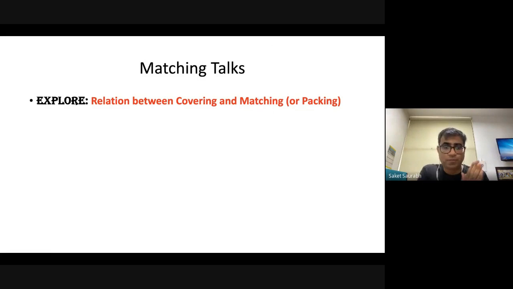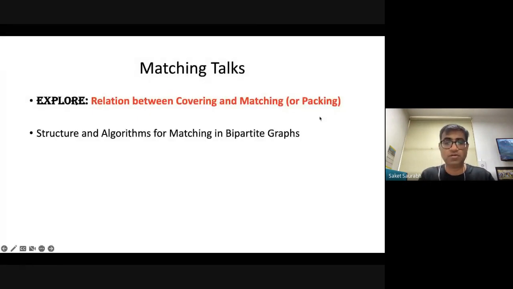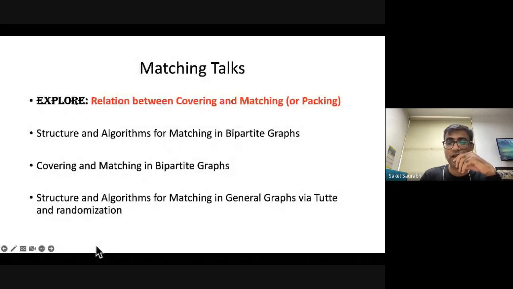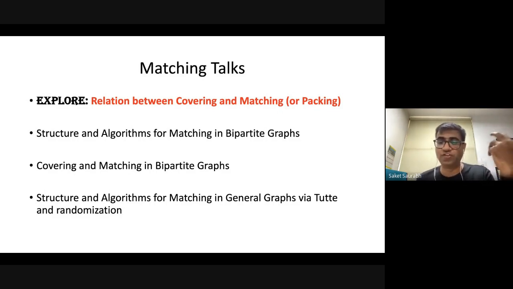You will have some set of talks which will explore the relation between how covering and matching are related to each other. You will learn about structure and algorithms for matching in bipartite graphs, and covering and matching in bipartite graphs, and how the edge cover and vertex cover problems are related to each other in bipartite graphs. You will also learn about algorithms for matching in general graphs, but it's a bit more complex.